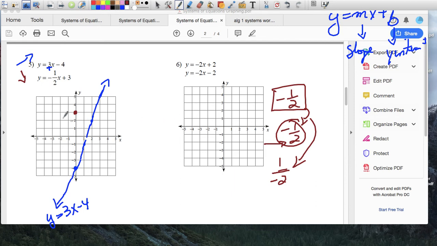So it's going to be 1 down, 2 right, 1 down, 2 right, and right away I found my point of intersection. On the other side it would be the opposite: 1 up, 2 left, 1 up, 2 left.